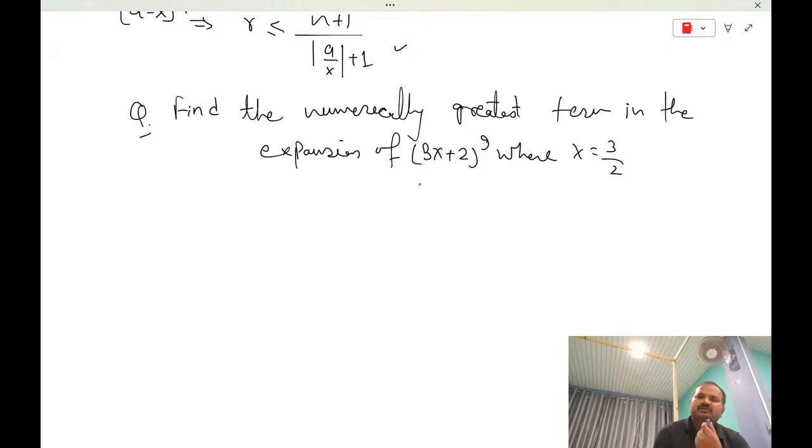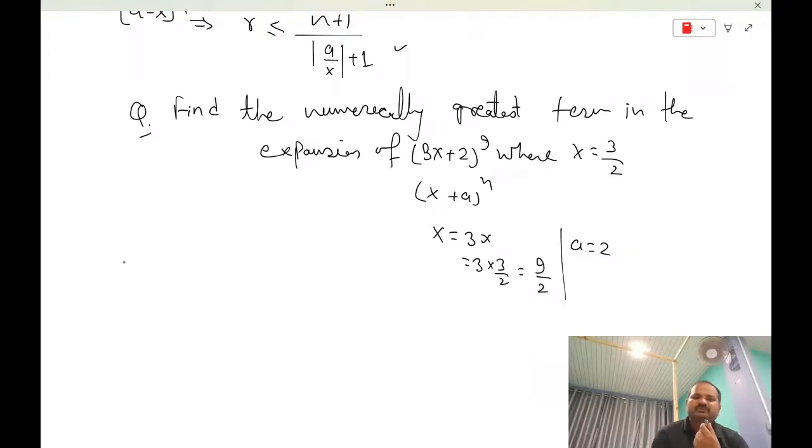So we can compare it with x plus a whole to the power n. So here the x value is 3x, and x is given as 3 by 2, so 3 into 3 by 2. So the x value will become 9 by 2, and the a value will be equal to 2.